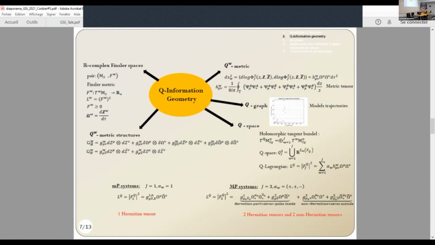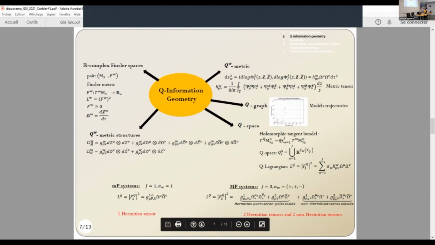And the Q graph. This is a new graph which represents the model trajectory with respect to the Finsler parameter and the Q space, the holomorphic tangent bundle, Q space, and the Q Lagrangian as the square of the Finsler metric. In fact, with minimum phase systems, there is one metric tensor with only one parameter defined by alpha equal to 1.